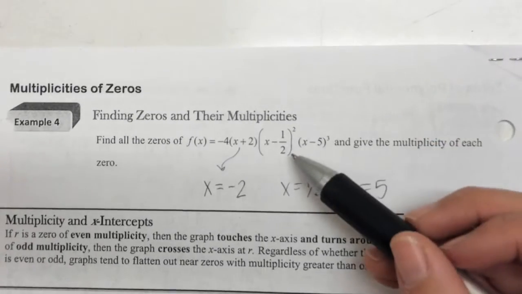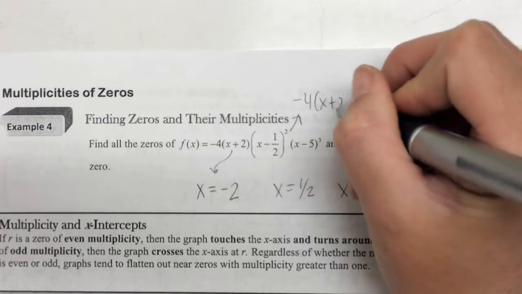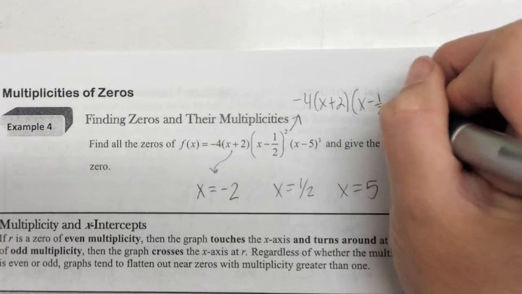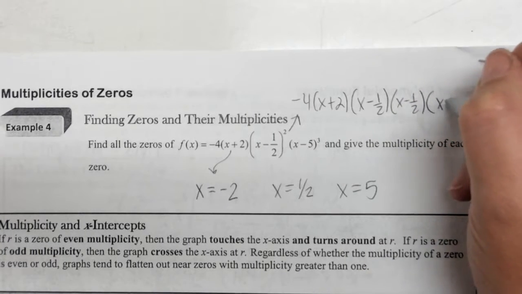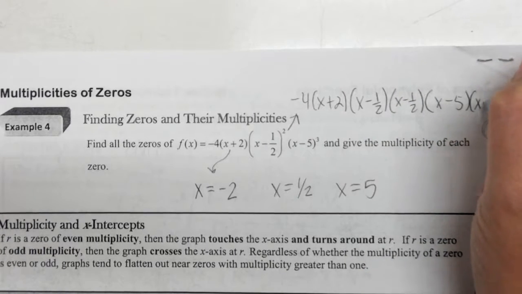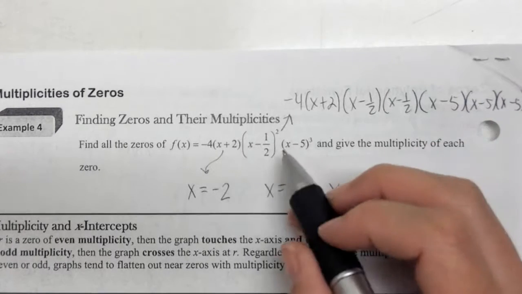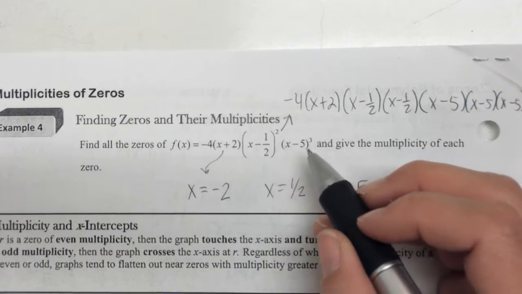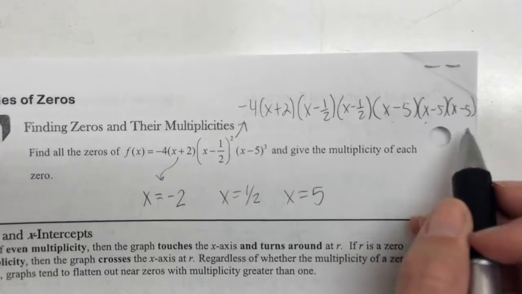This one, they could have written it out like this: negative 4 times x plus 2, times x minus 1/2 times x minus 1/2, times x minus 5 times x minus 5 times x minus 5. They didn't though, because what's the point of writing it out when we can write it like this? The point of me writing it out like this in the last few problems is so you can see how many times they appear.